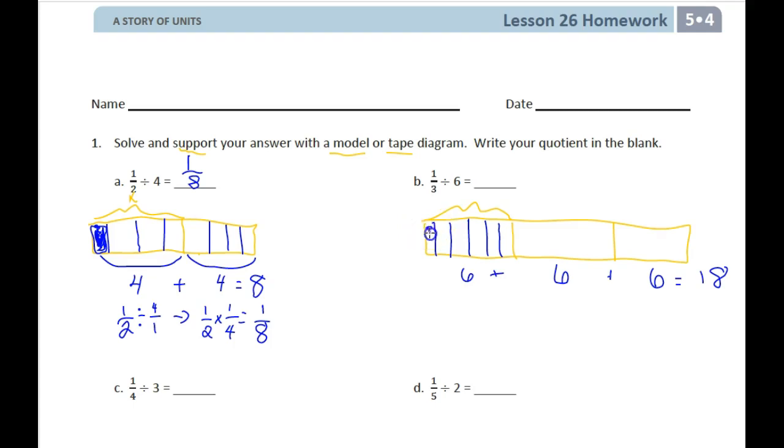How much is one of those pieces worth now? Well, here's 1 piece out of 18 altogether. And when we do it with the standard algorithm, we have 1/3, and we're dividing by 6, and 6 over 1 is the same thing.